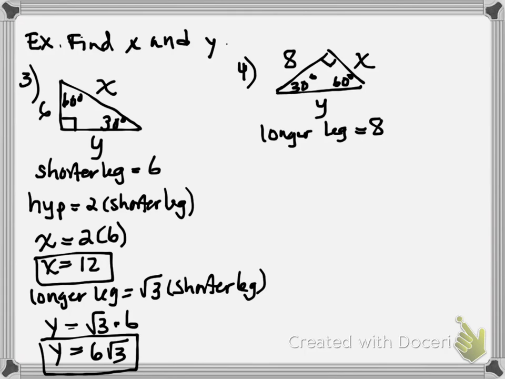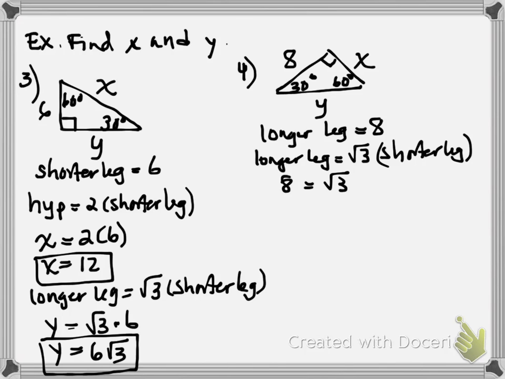So we want to start with the relationship that talked about the longer leg: the longer leg is equal to radical 3 times the shorter leg. So the longer leg 8 is equal to radical 3 times the shorter leg x.